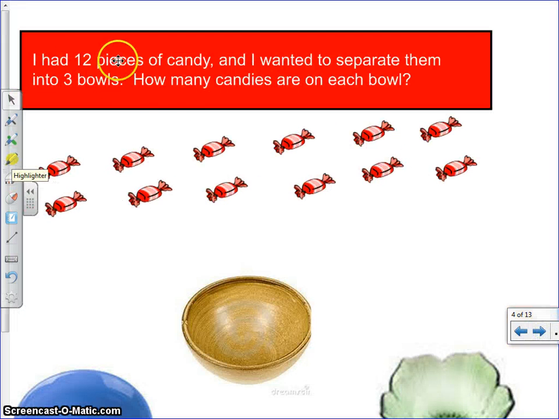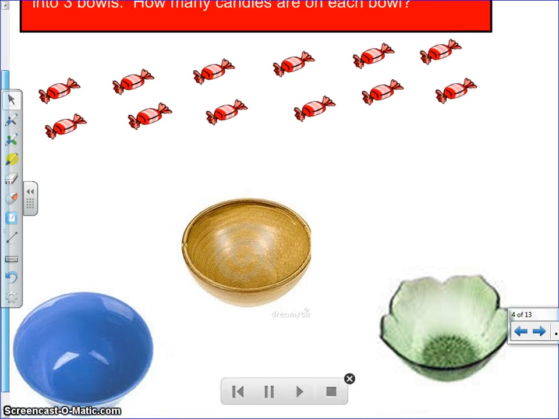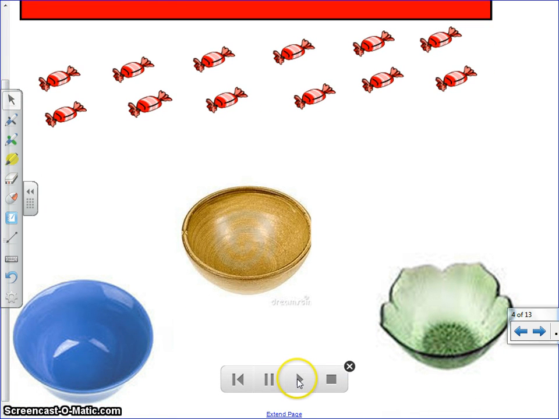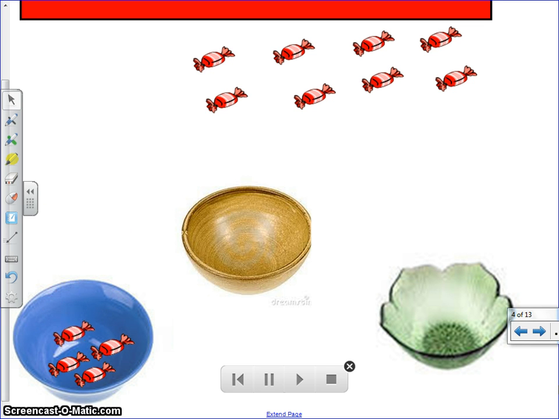Here I have 12 pieces of candy, and I want to separate them into 3 bowls. Okay? Well, I'm going to do this equally. So how many candies am I going to end up dividing into each bowl? Here are my 3 bowls. There are my 12 candies. And I'm going to end up putting 1, 2, 3, 4 in the first bowl.